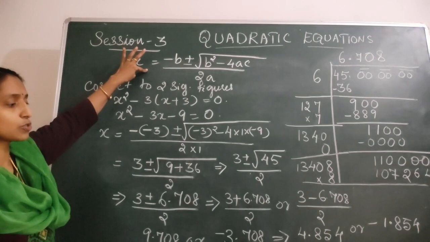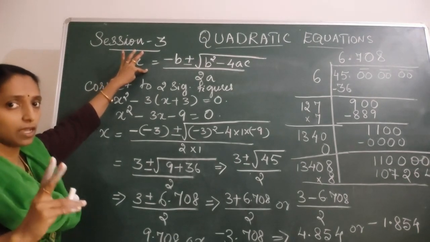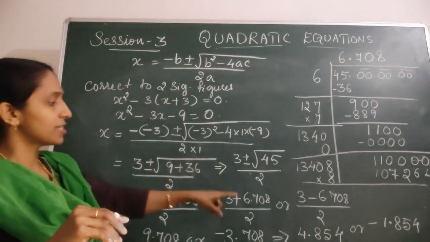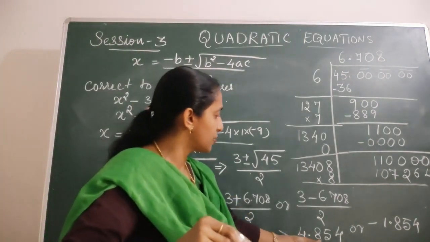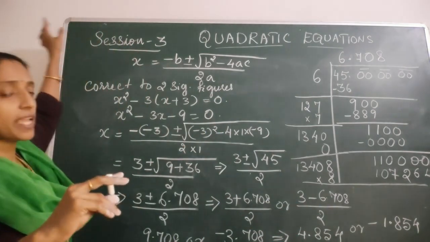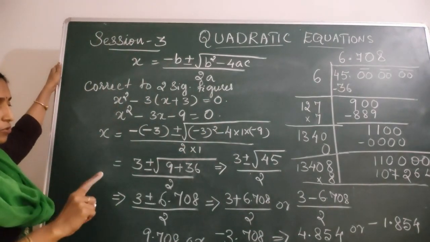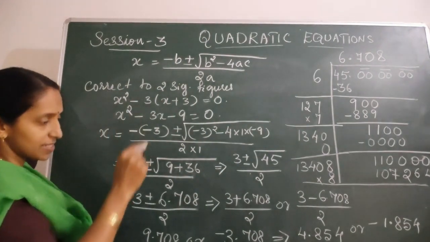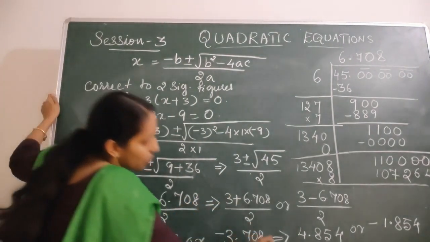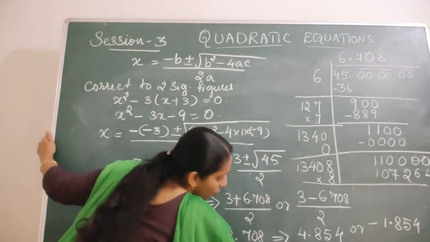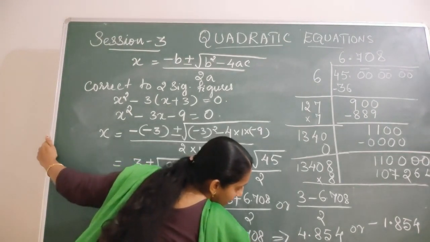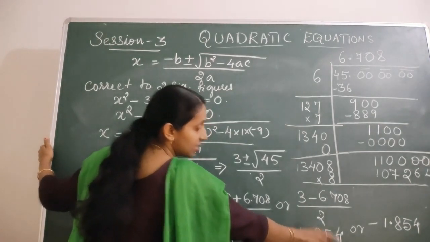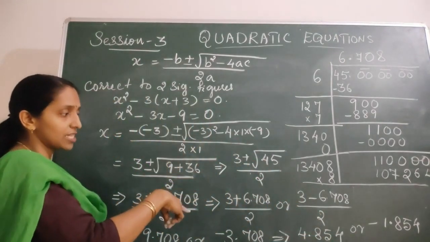The question is: correct to two significant figures. And we got the answer 4.854 or minus 1.854. So correcting to two significant figures, the answers will be 4.9, because 8 is the second digit and the third digit is 5, so you have to increase one value.